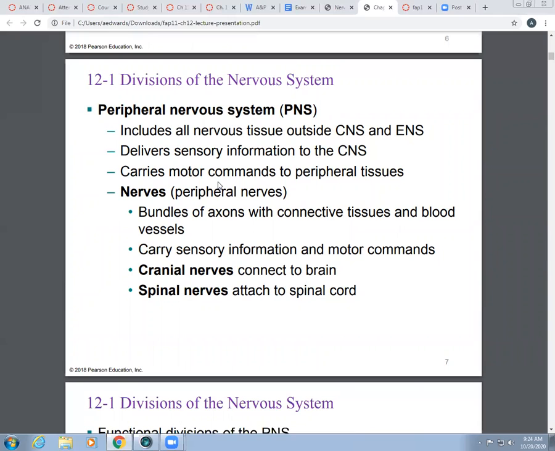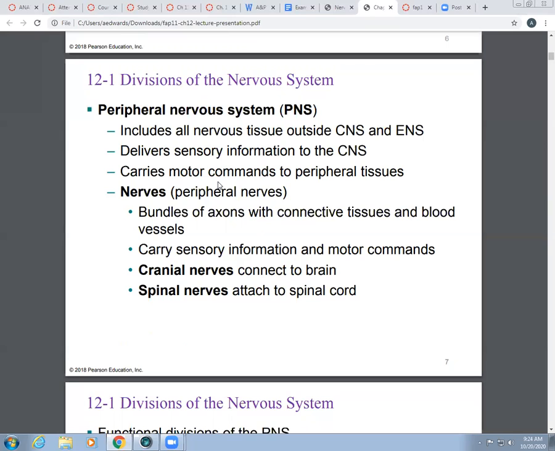The peripheral nervous system is basically all your nervous tissue that is not a part of your central nervous system. It provides information to the central nervous system and also sends motor commands to the tissues. We call them peripheral tissues because they're distributed throughout the body.